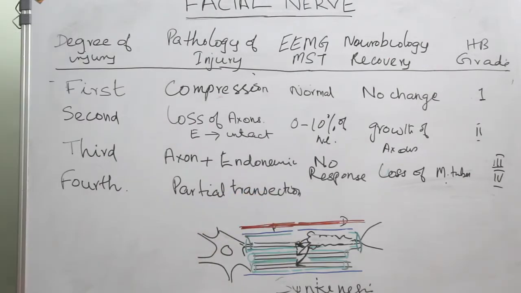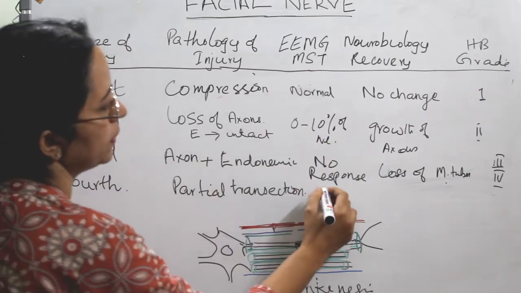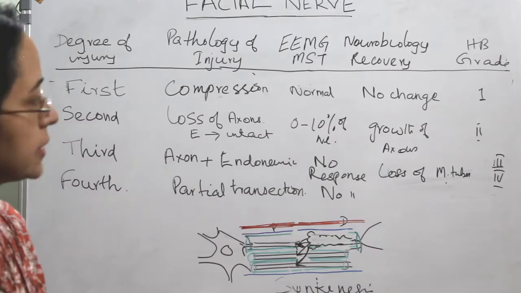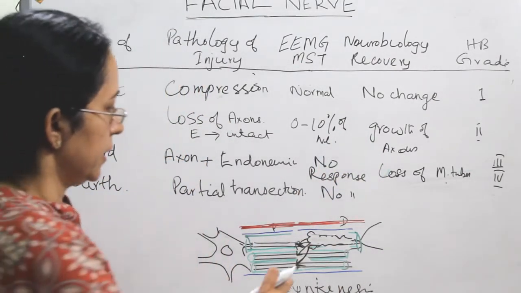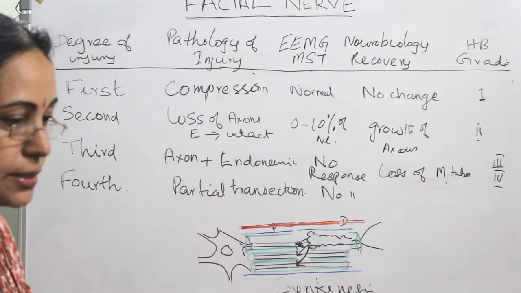So there will be partial transection, and there will be no response to the electrophysiological test. And what will be the neurobiology? The axons will be blocked by scarring.